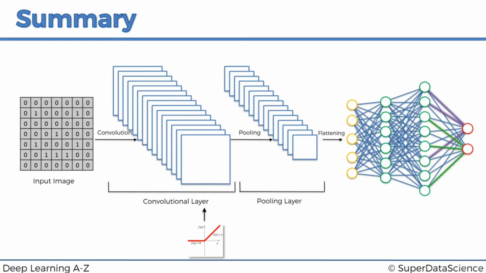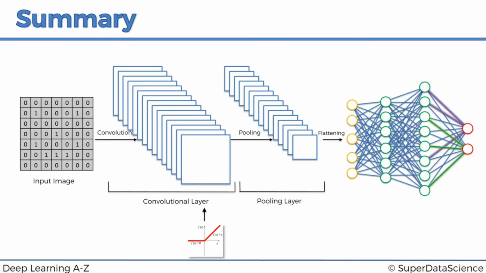And then all of this is trained through a forward propagation and back propagation process, and lots of iterations and epochs. And in the end, we have a very well defined neural network.